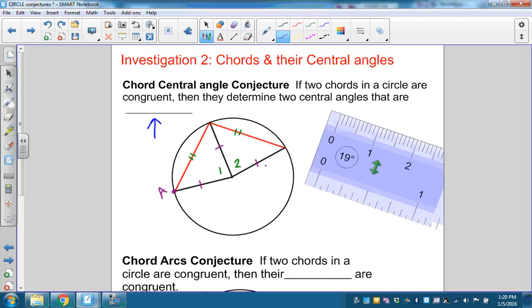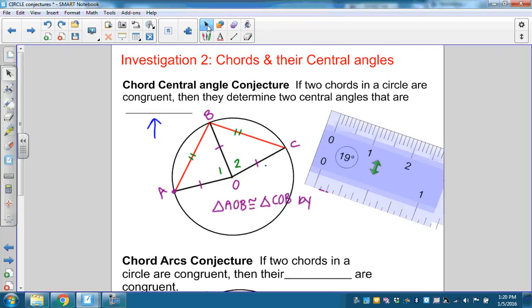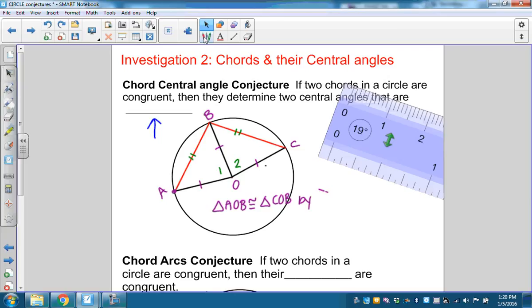We'll call it triangle A, B, we'll make this point C. So this first triangle, A, O, B, has to be congruent to the second triangle, C, O, B, by side, side, side. So since the triangles are congruent, we would then conclude that angle 1 has to be congruent to angle 2 by corresponding parts.